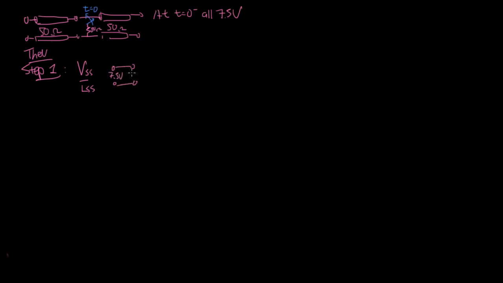And so the voltage at this junction, if we're just looking at this half here, is just going to be 7.5 volts, right? So it's not the most interesting situation here. VSS is going to be equal to 7.5 volts. And then ISS, before you hook this up, it's just all sitting there charged up, not hooked up to anything. So the current is going to be 0 because they're open circuits.